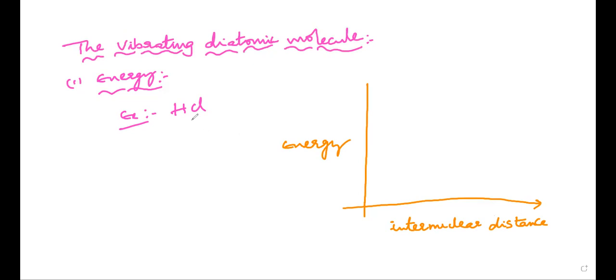So generally, a simple observation of balancing force between these two atoms, hydrogen and chlorine.